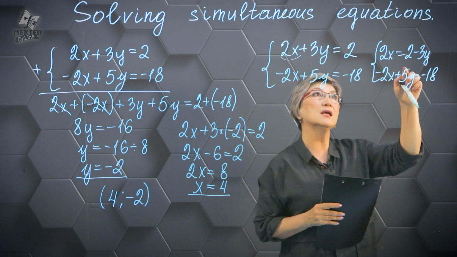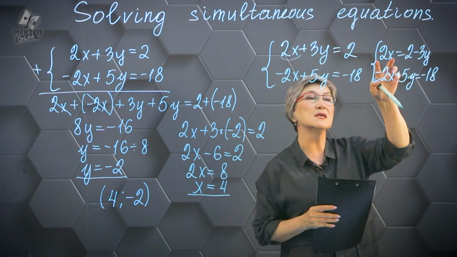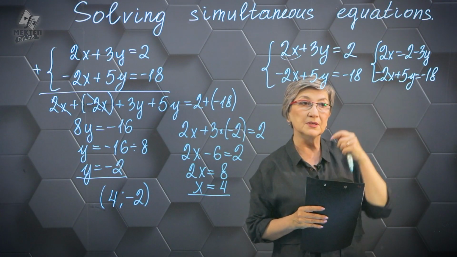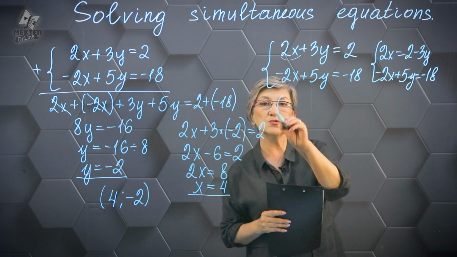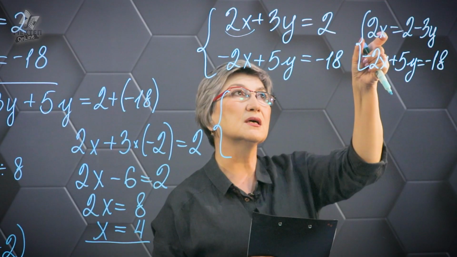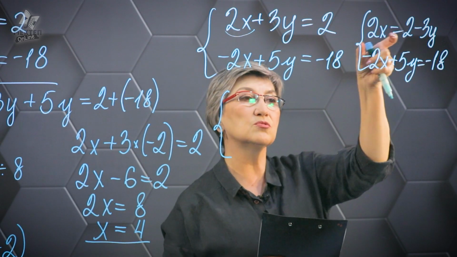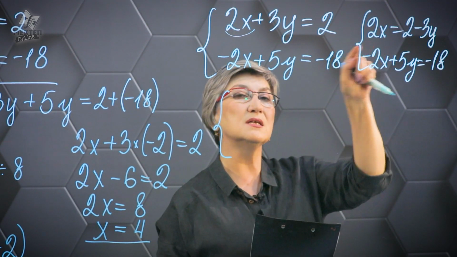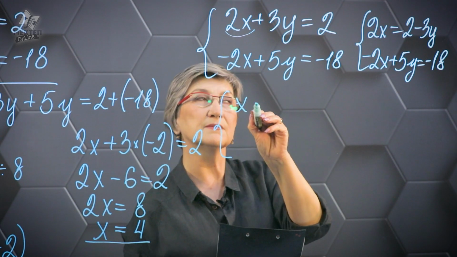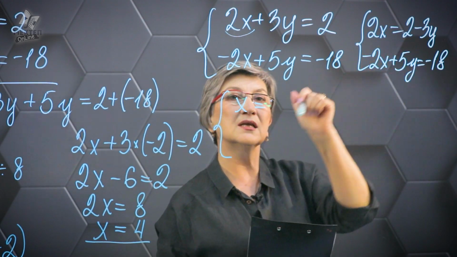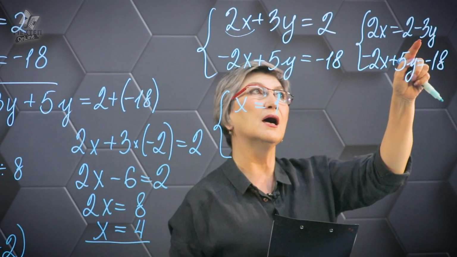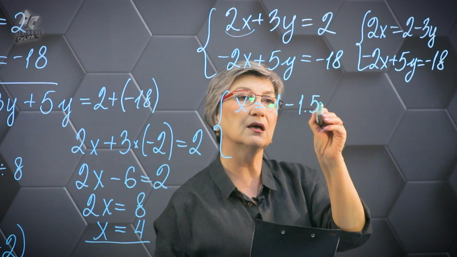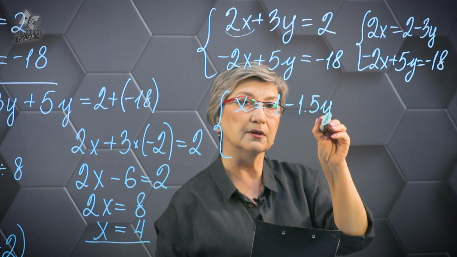In order to do that, I have to divide each part of this equation by 2, because I need to write down what x equals. If I divide each part of the equation by 2, I get 2x divided by 2, which is x. 2 divided by 2 is 1, and minus 3y divided by 2 would be minus 1.5y.